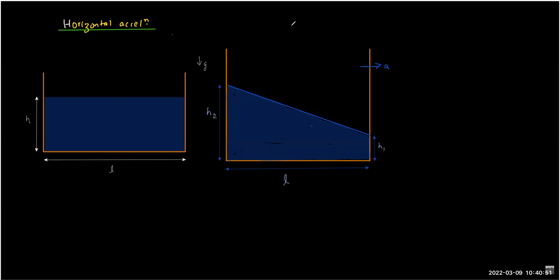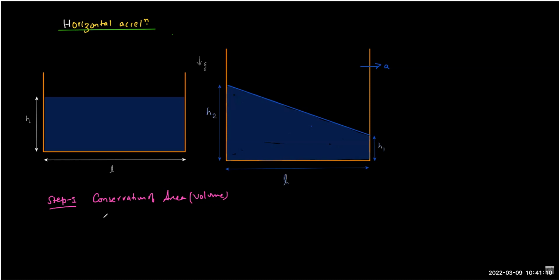So the first step of solving any problem of accelerating vessel is conservation of area. Basically, you can say volume.